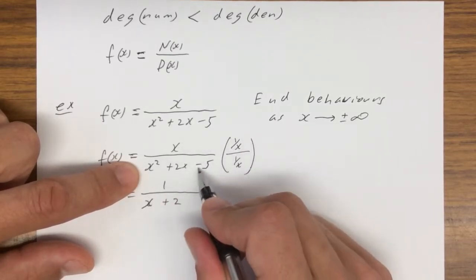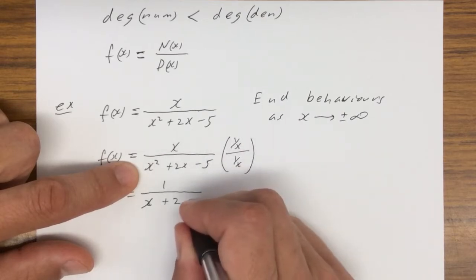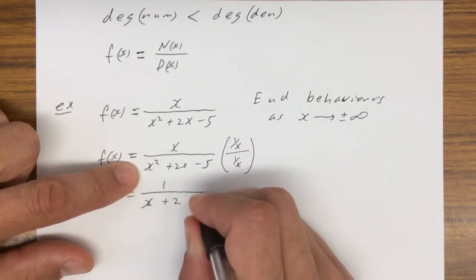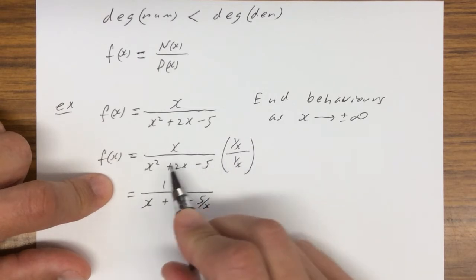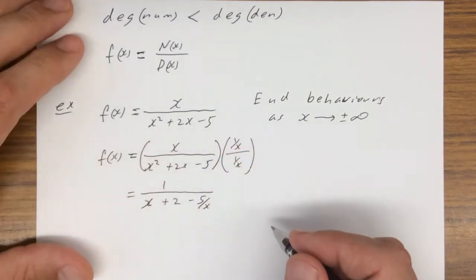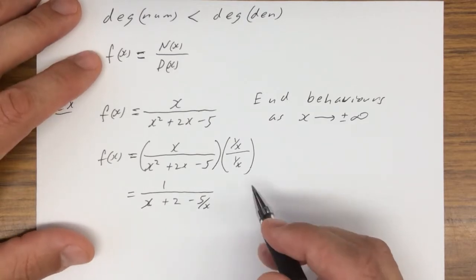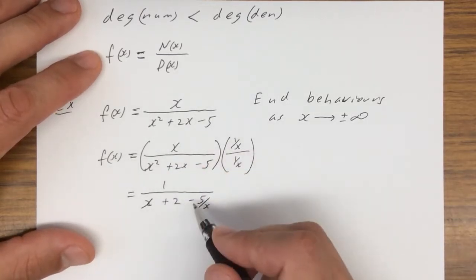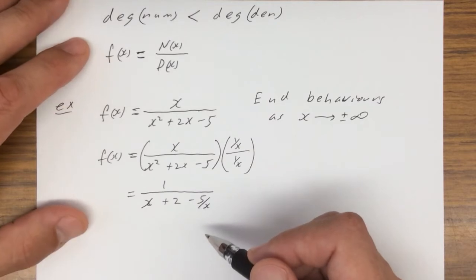And negative 5 times 1 over x is minus 5 over x. So you're multiplying by each term, distributing in. As x goes to infinity or negative infinity, these two are exactly the same.